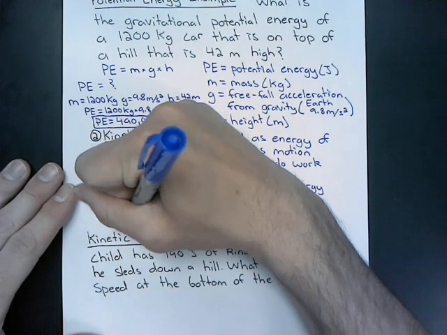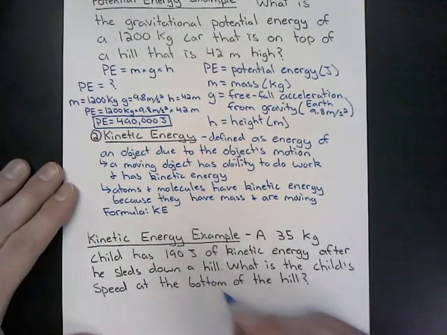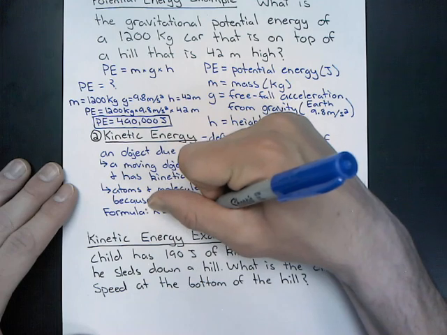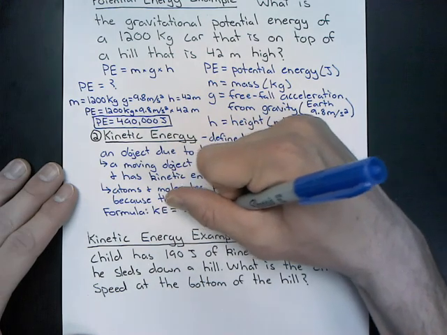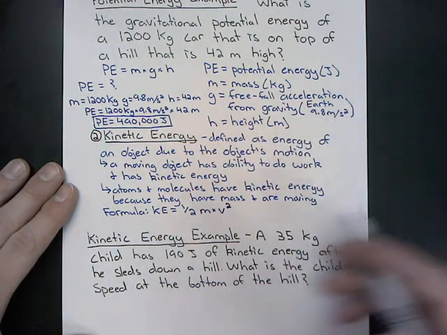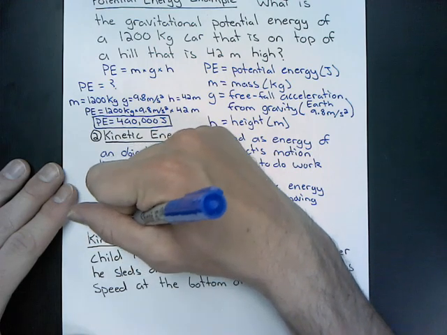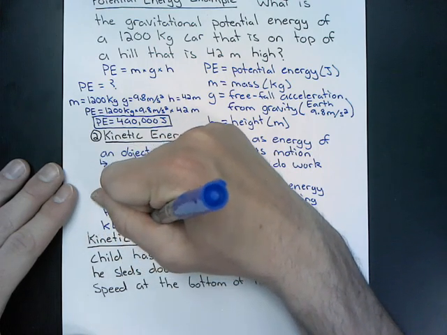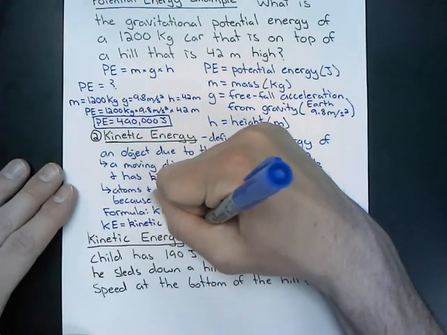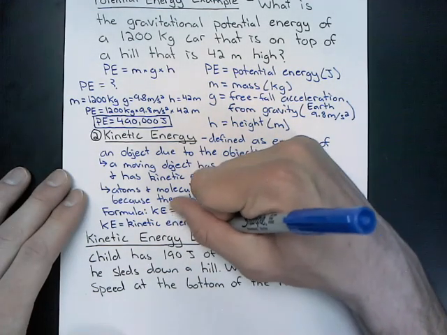The formula here is going to be KE for kinetic energy is equal to half times m for mass times v for velocity squared. So again, let me define these terms here. Our KE is the kinetic energy, and kinetic energy is expressed again in joules.